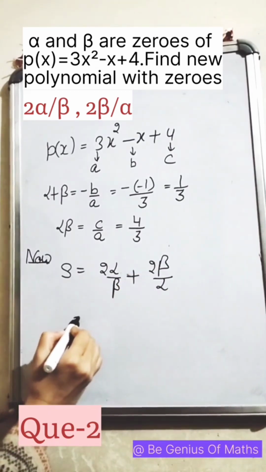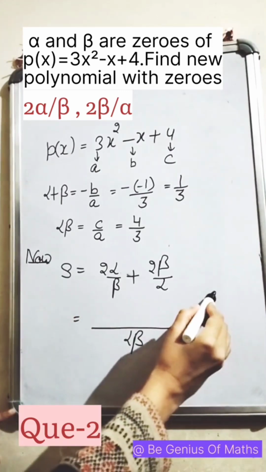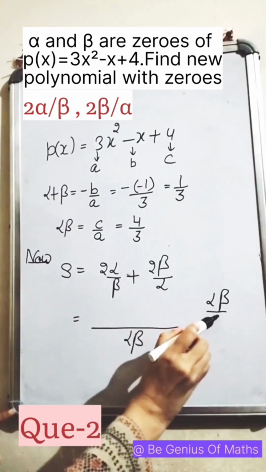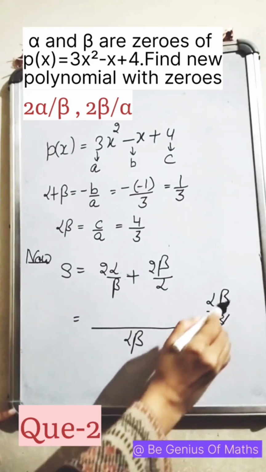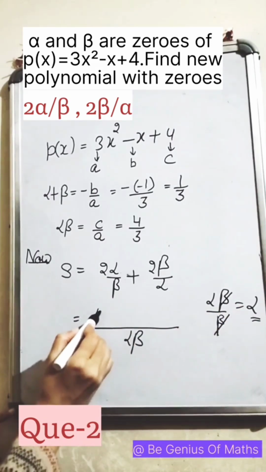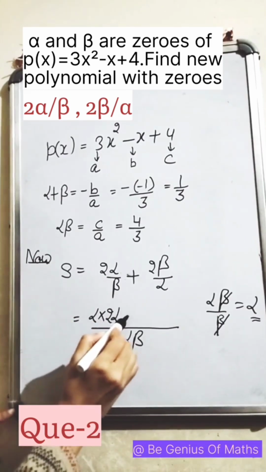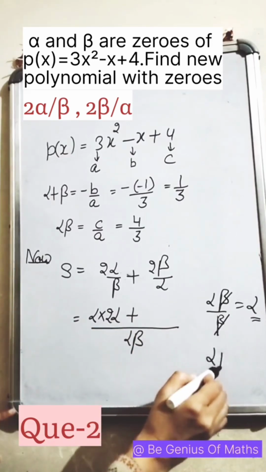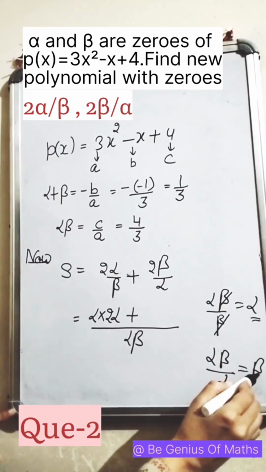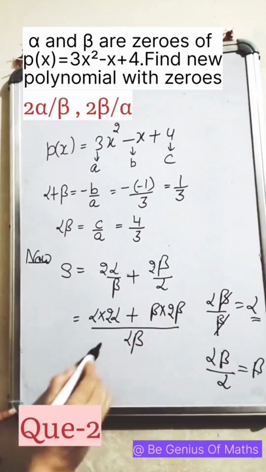For the sum, there is a plus between them. By taking the LCM alpha into beta, we divide alpha beta by the denominator beta, beta cancels with beta, and this is alpha. Now this alpha is multiplied by the numerator 2 alpha. In the same way, the LCM is divided by the denominator, and now beta is multiplied by the numerator 2 beta.